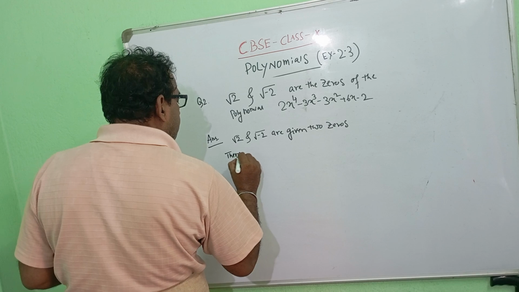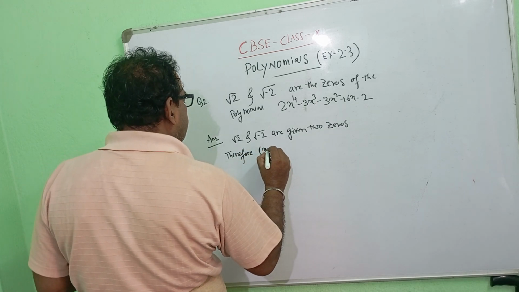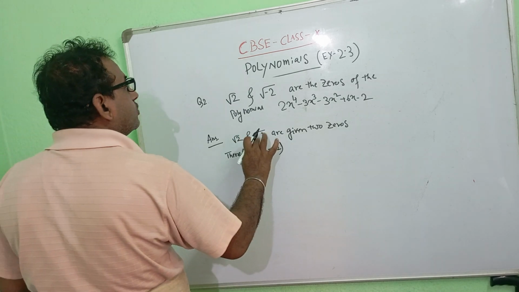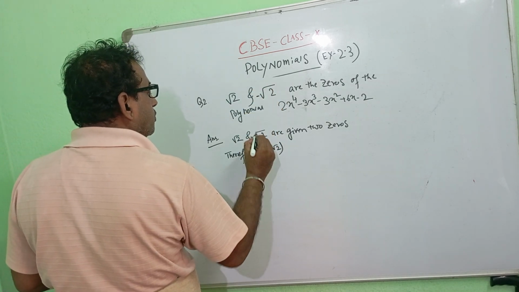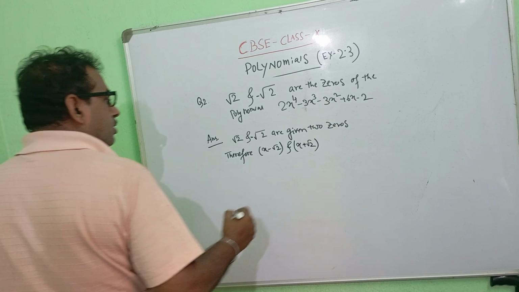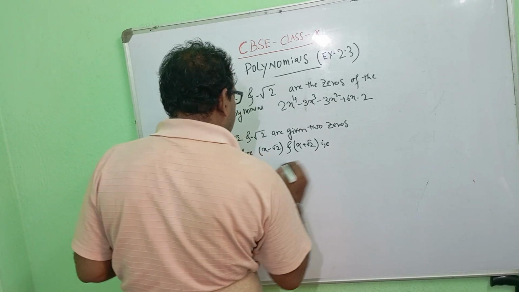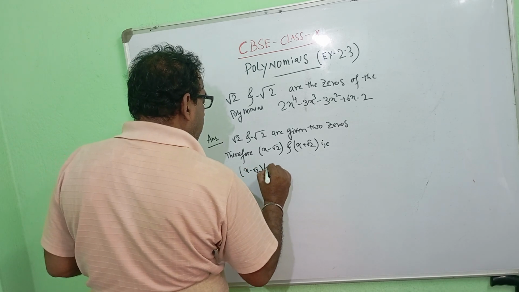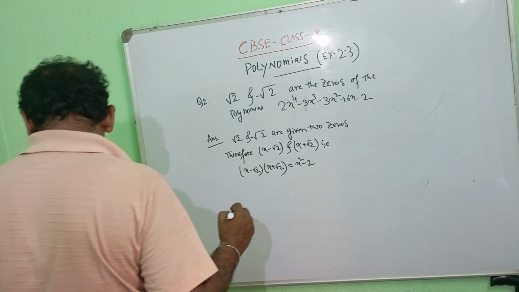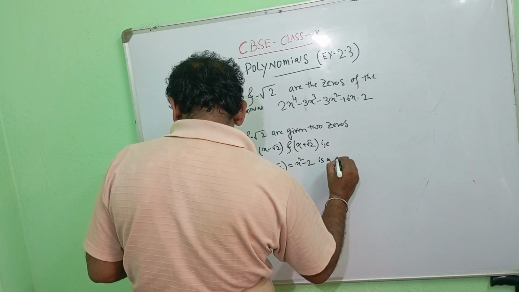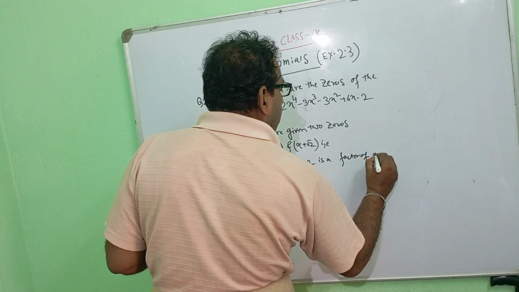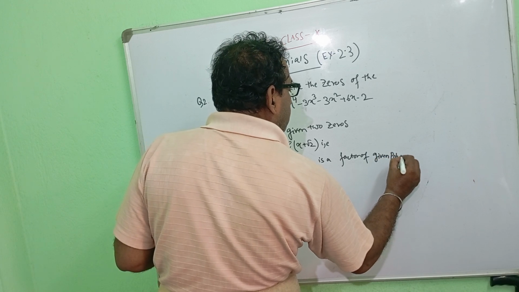Therefore, x minus root 2 and x plus root 2, that is x minus root 2 into x plus root 2 is equal to x square minus 2, is a factor of the given polynomial.